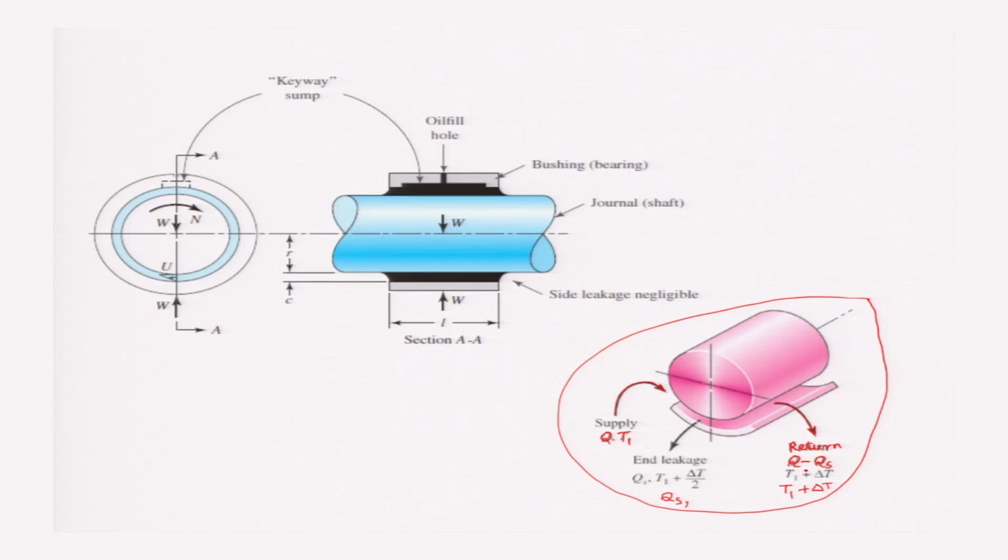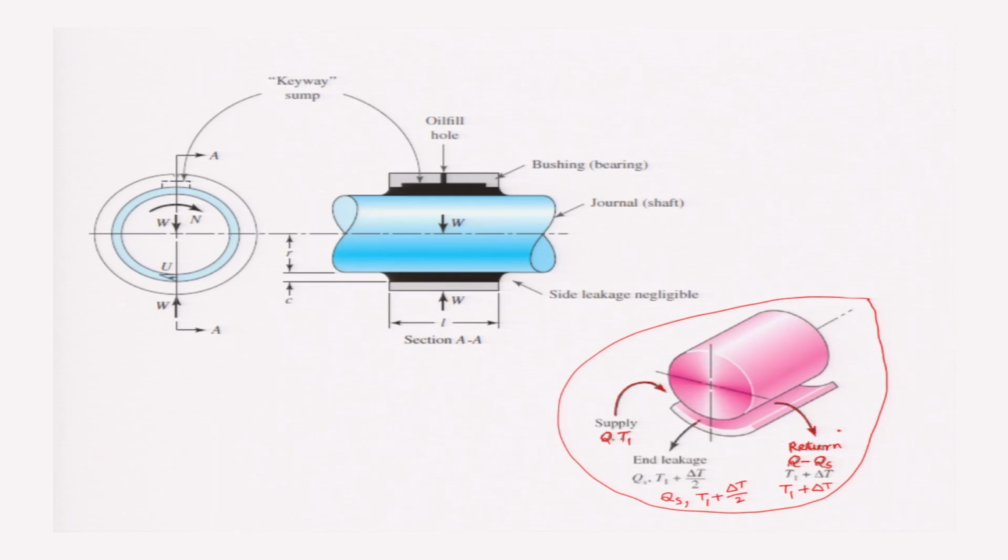The temperature of the lubricant coming out through the ends in the axial direction will be the inlet temperature T1 plus half of the rise in temperature, delta T divided by 2.